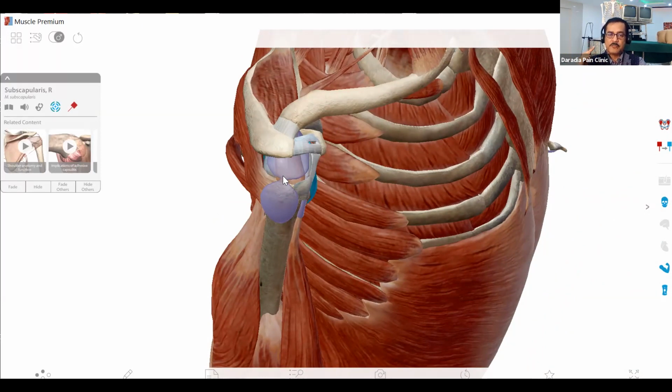Root value is 5-6, and teres minor is supplied by axillary. Again, root value is 5-6. So the supraspinatus, what is its function? Its function is, because it is attached to the greater tuberosity, external rotation is one of the functions, but at the same time it is also the abductor of the shoulder.